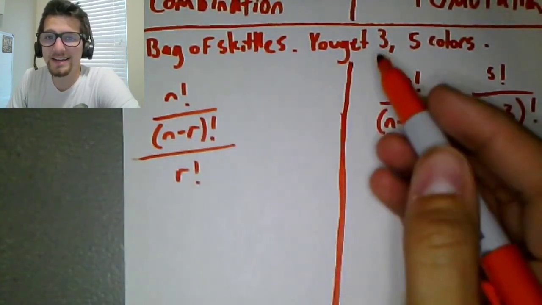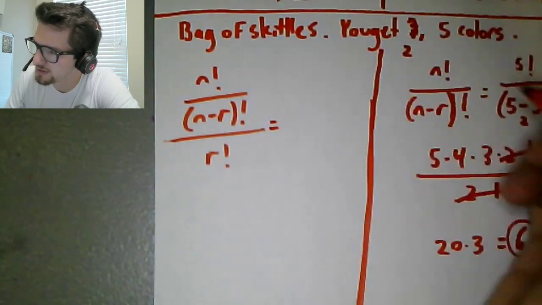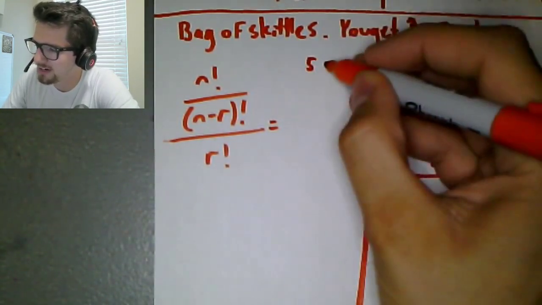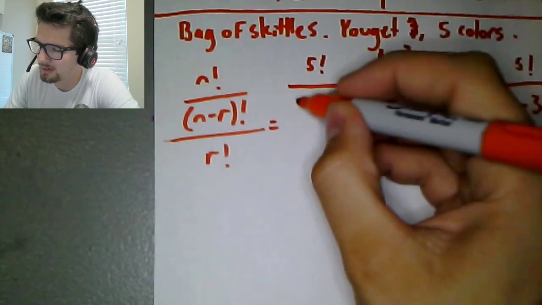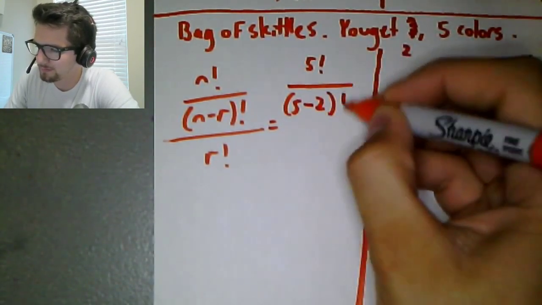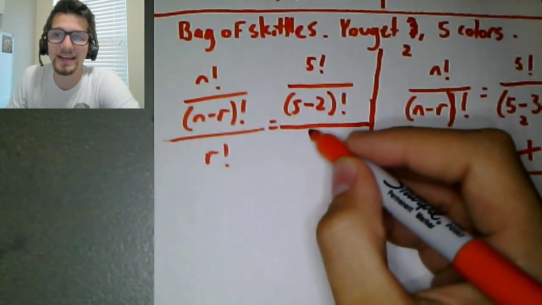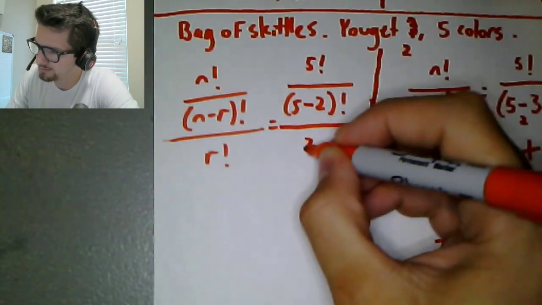And let's say that instead of you getting 3, you can only get 2, just to make it a little different. So we have 5 different colors we can choose from, and we're only going to be able to pick 2 of them. And then whatever that answer is, we're going to divide that by 2 factorial.